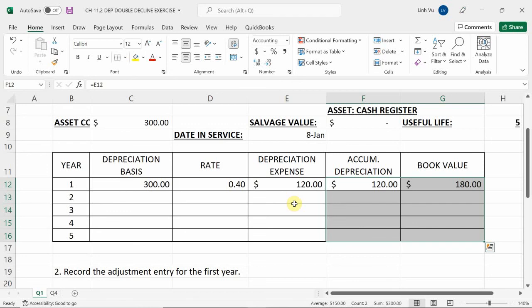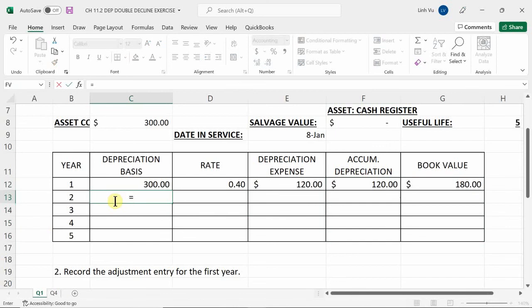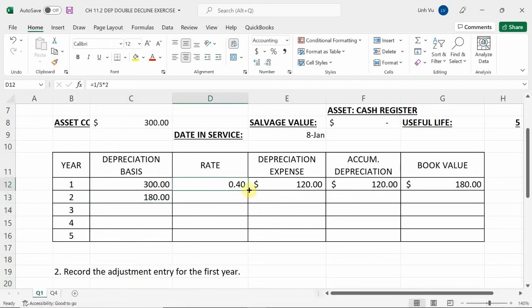The ending book value at year 1 is going to be the beginning of year 2. So in this case, this is 180. What's my rate? 40. It's going to be the same. It's still 1 divided by the estimated useful life times 2. So it's going to be 40% throughout.